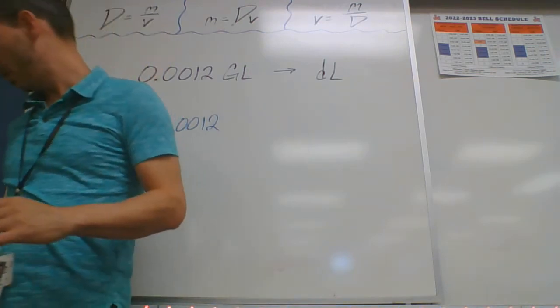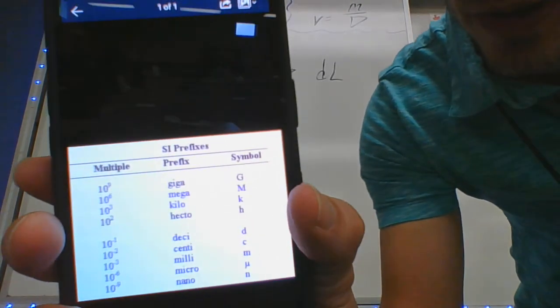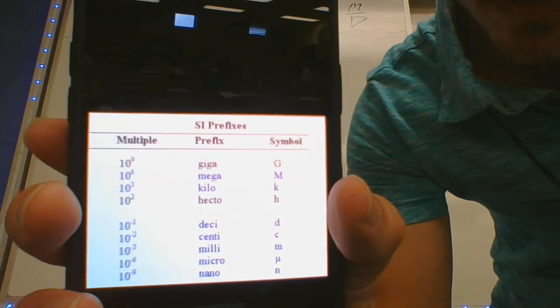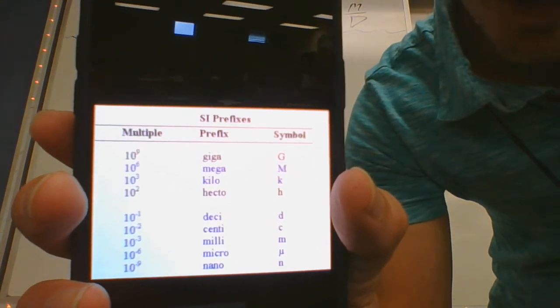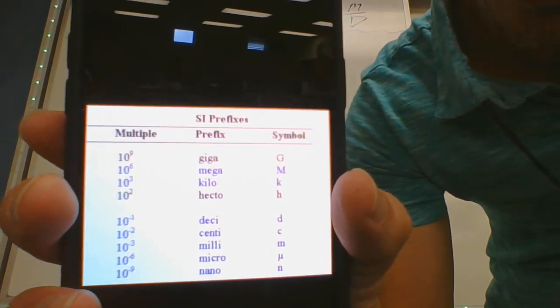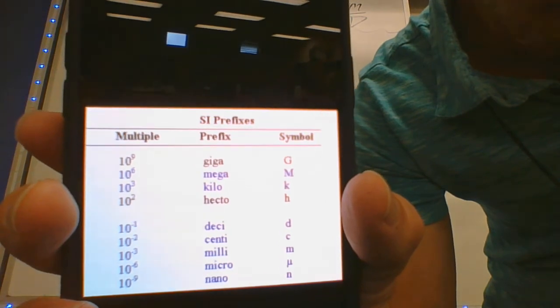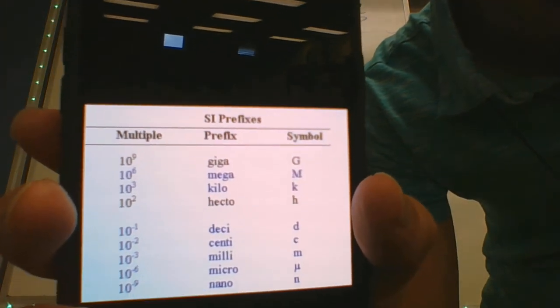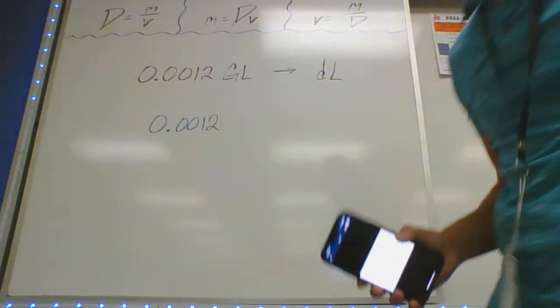You can go look, it's right here. I said I wouldn't do it, but I guess I'll hold it back up. Do you see how giga's positive 9 and deci's negative 1? How many integer steps are there between 9 and negative 1? Or just subtract: what's 9 minus negative 1? You'll get the same answer, of course. It's 10. It's 10 decimal slides this time.